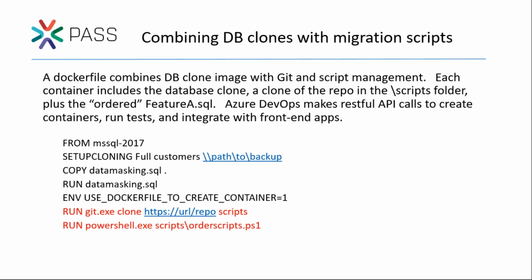We can build that into our Docker container image. The same commands to clone the repo and to run the order scripts can be applied with instances just as well as they can for a container. So those bottom 2 lines in red would be the equivalent to what a developer would be running if they're working with a local instance.